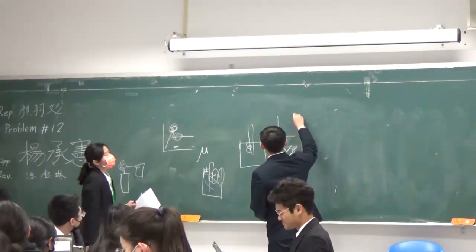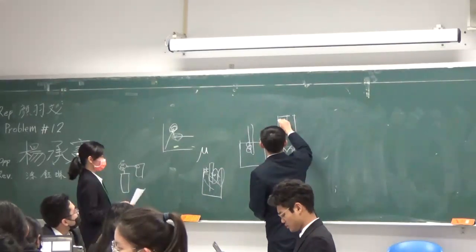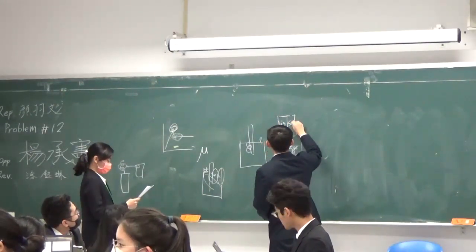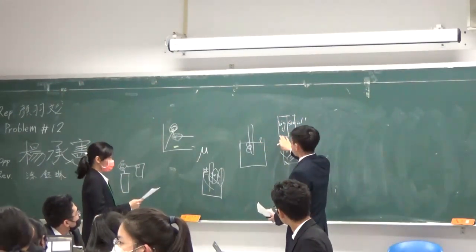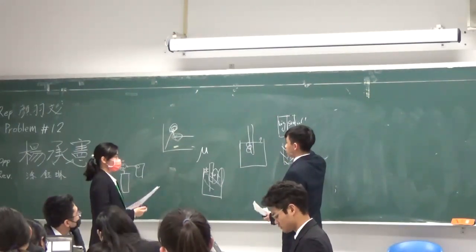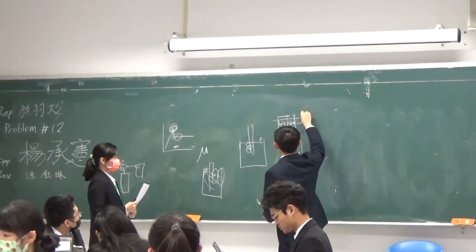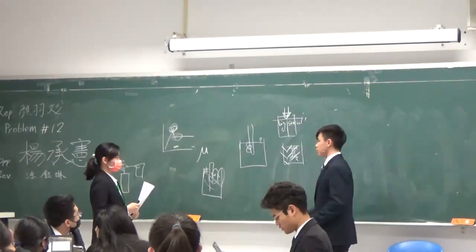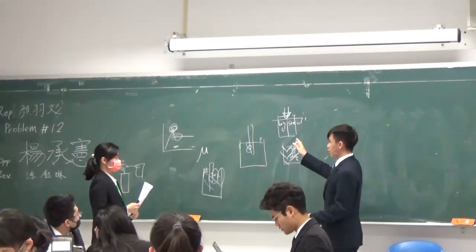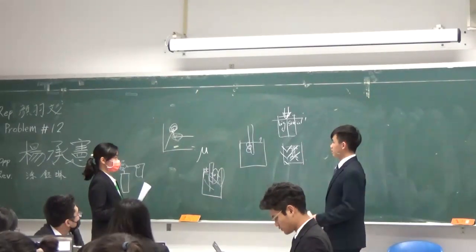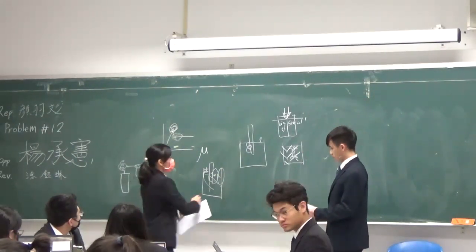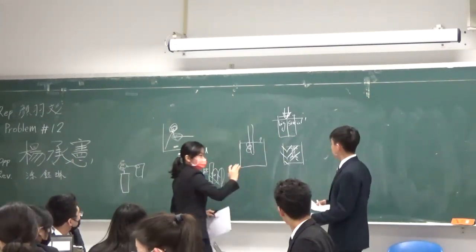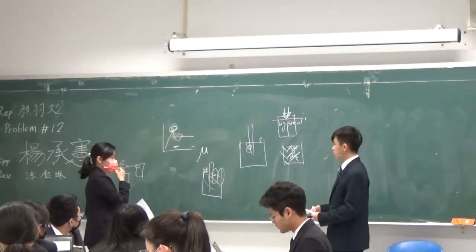Let's say if this area has a bigger density and this one has a smaller, if you give a pressure here and make both of the volume become smaller, do you think the density of them become the same? So first, here is big and here is small in the same vessel doesn't commonly appear.